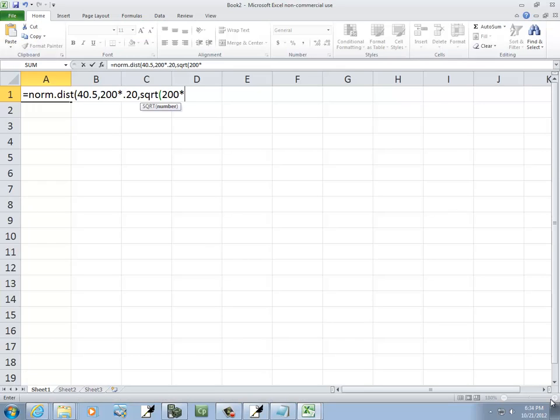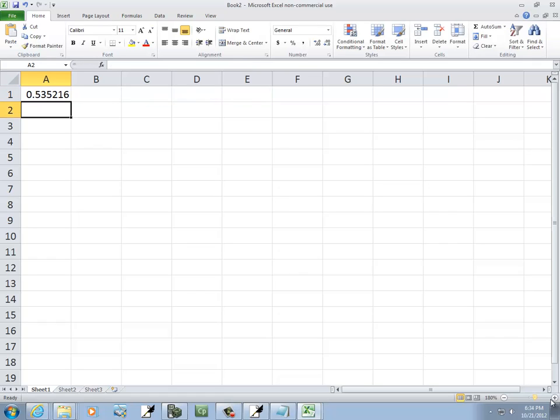Okay. 200 times p, which is 0.20, times 1 minus p. Closing parentheses on that, closing parentheses on the square root, comma, TRUE. And that's how we put in the shade to the left case.